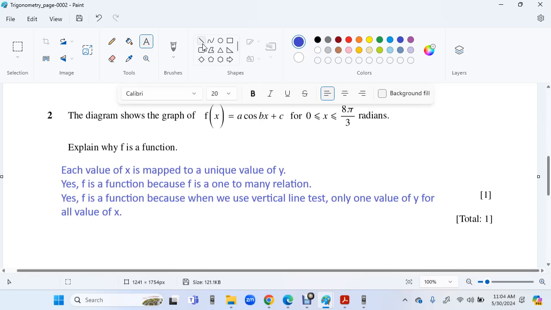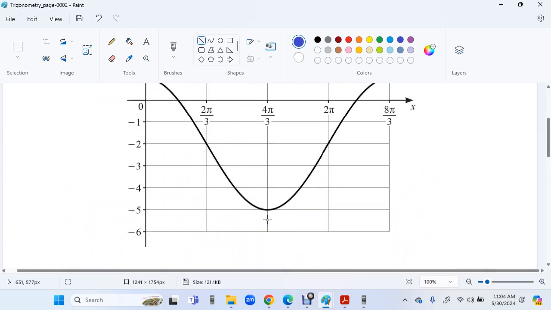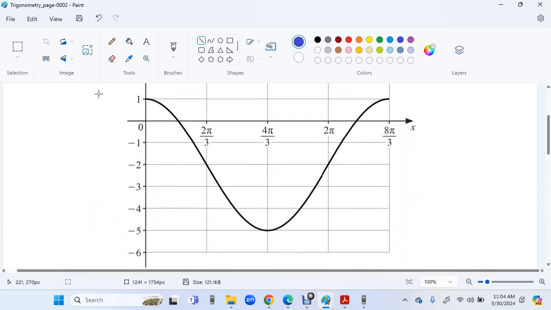So what is the vertical line test? So the vertical line test is, you imagine you have a vertical line like this. Then from the first point until the last point, all along the function, we only touch one point. Then it is a function.